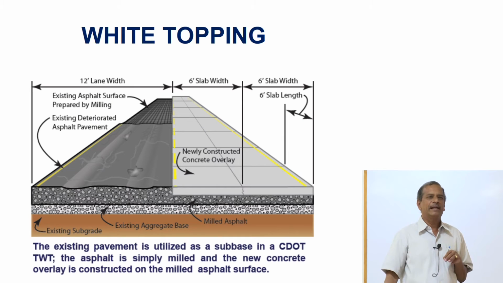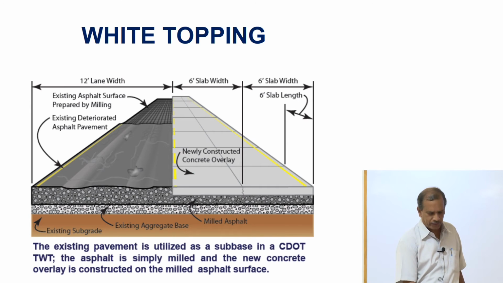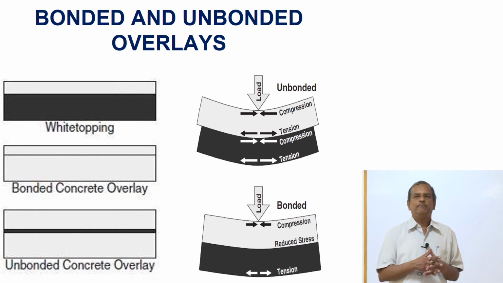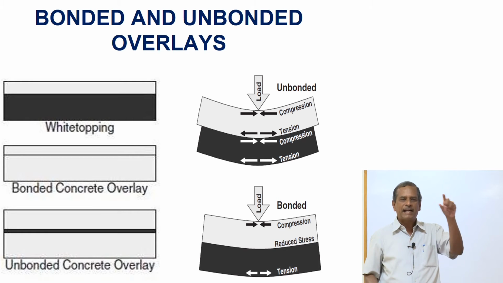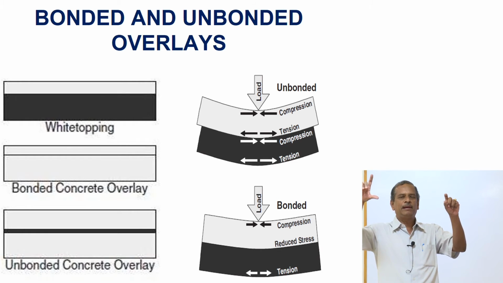Bangalore has realized the importance of white topping. Several hundred kilometers of roads in Bangalore are being white topped. They are trying to do that in many other locations in the city. Even in Chennai, we have done white topping in some locations. The thickness of white topping can vary from 100 millimeters to 250 millimeters.